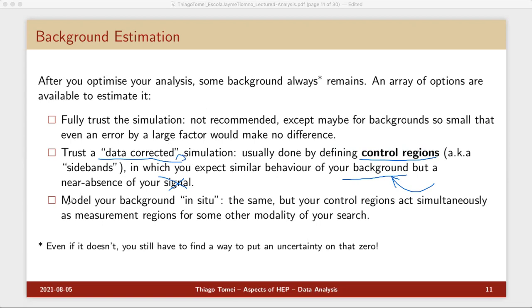Or you can model your background in situ, which is more or less the same thing as above, but you do it serially, in such a way that your control regions act simultaneously as measurement regions for some other kind of search.